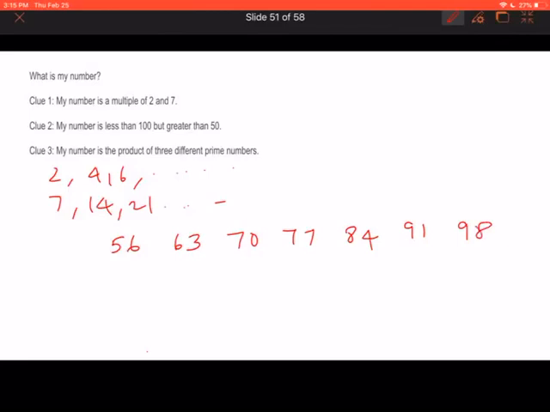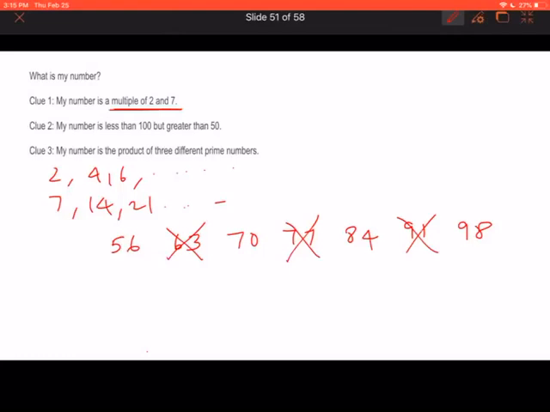These are the multiples of 7, and that number has to also be a multiple of 2, right? So we cut down 63, 77 and 91, as they are not multiples of 2, so we eliminate those numbers.